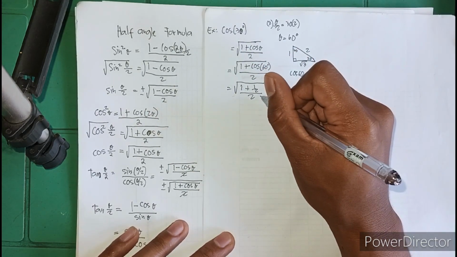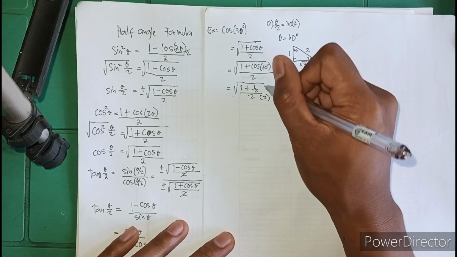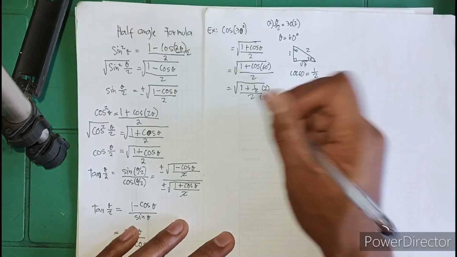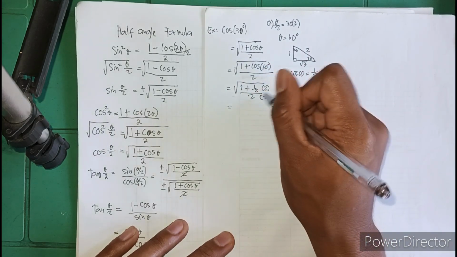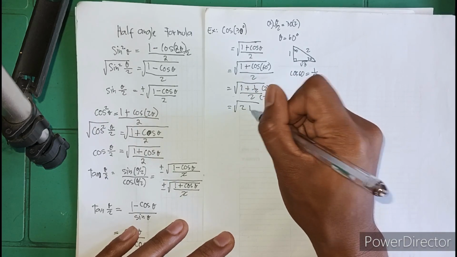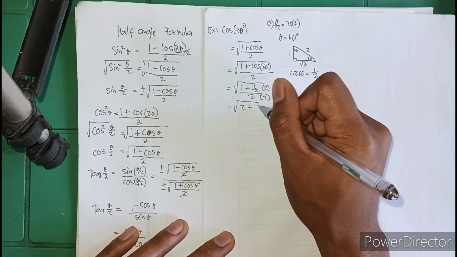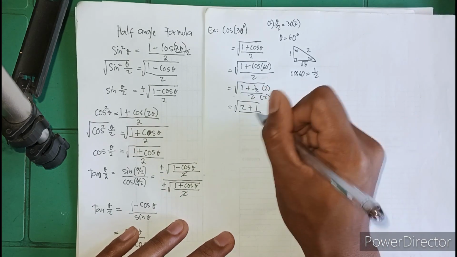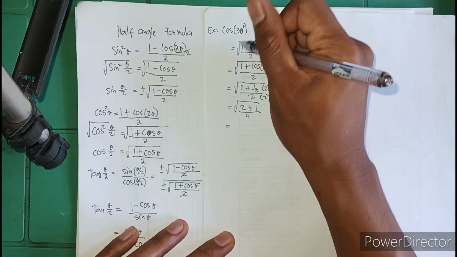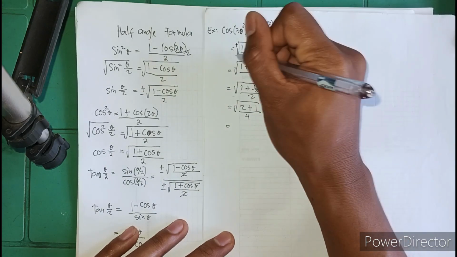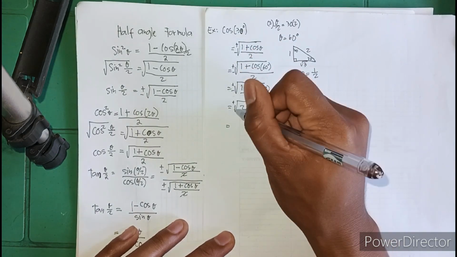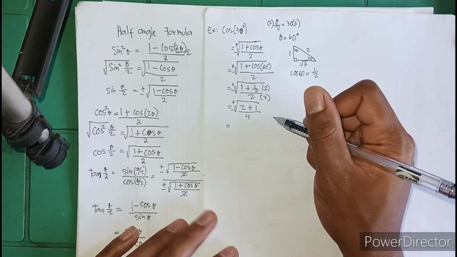So multiply these sides by 2 to get rid of this fraction. So 2 times 1 is simply 2 plus 2 times 1 half is simply 1, over 4. So don't forget to write plus minus here, because we can't say that it is positive or negative yet.